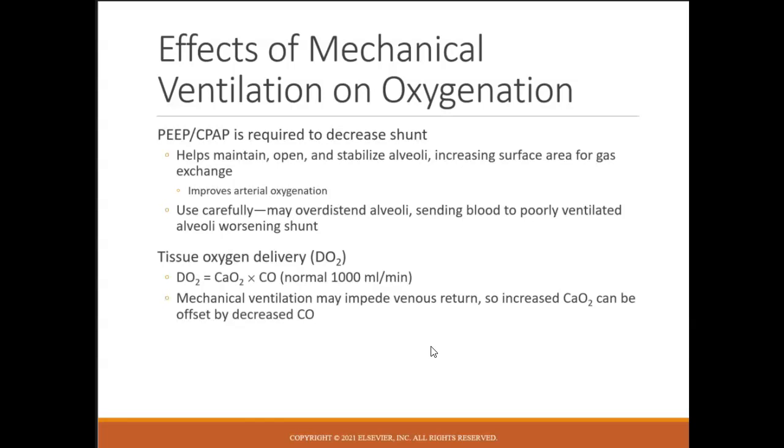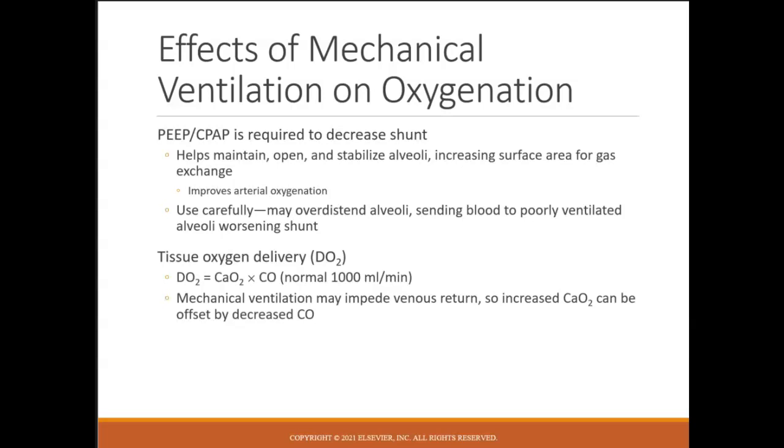So why does this matter? The amount of alveoli that are open and stabilized is what's going to increase that surface area for gas exchange and help you improve oxygenation. There is a sweet spot with our PEEP though.